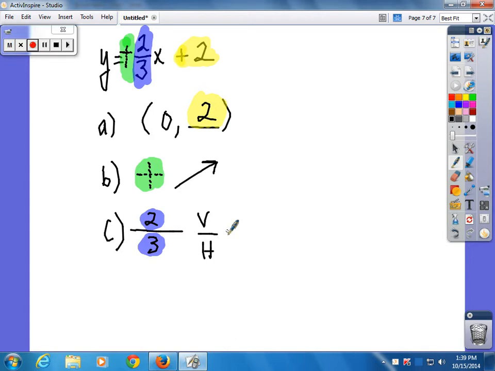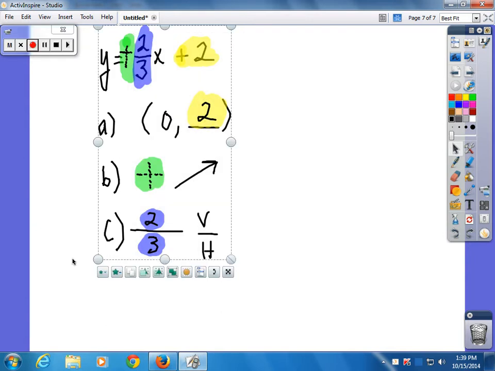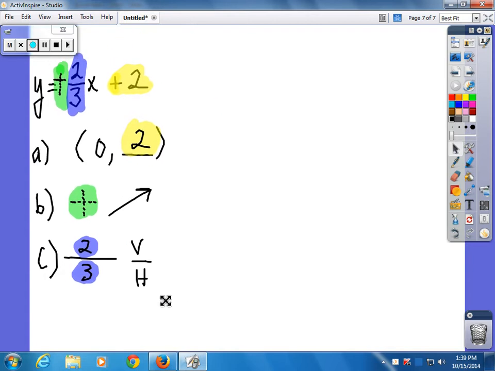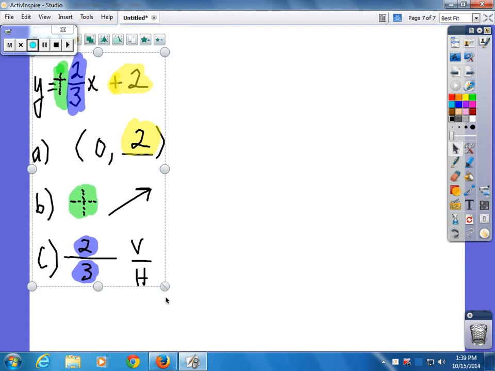Okay, I'm going to move all that over a little bit so everybody can still see it. Everybody got that? So that's pretty simple, isn't it? And like I say, you can do that just by looking at this.